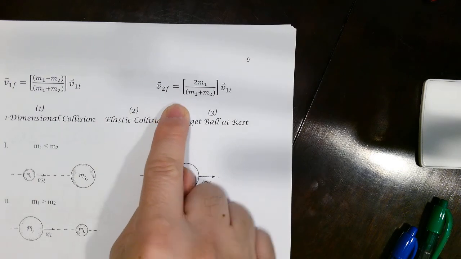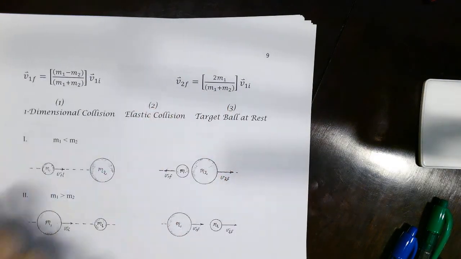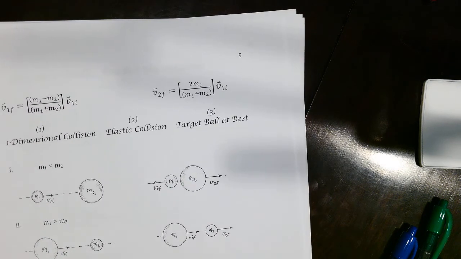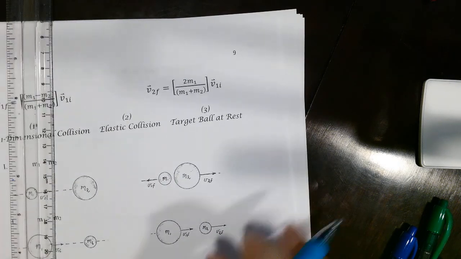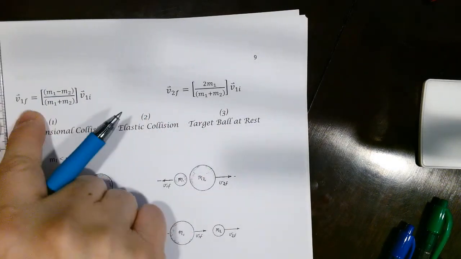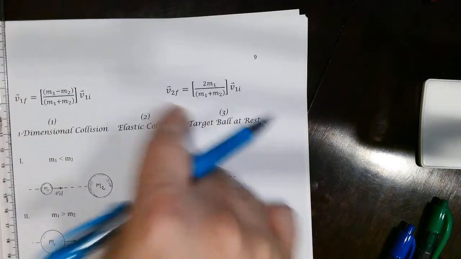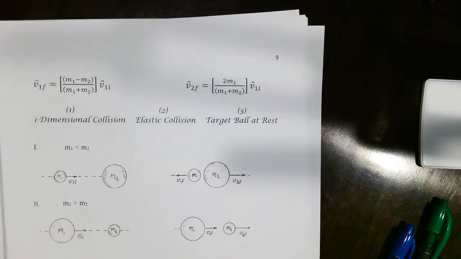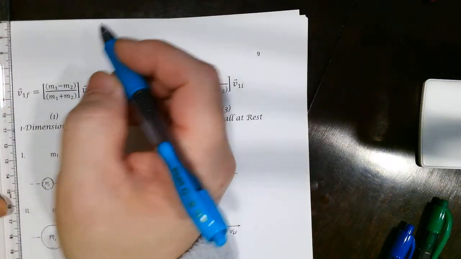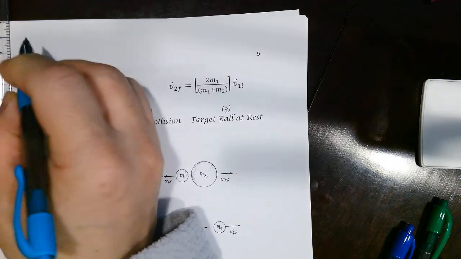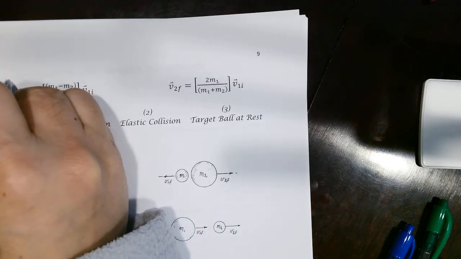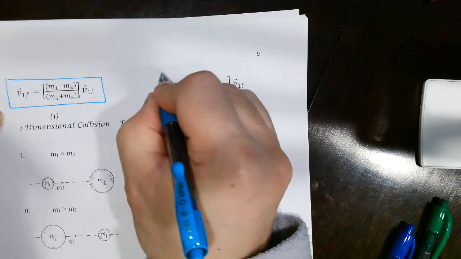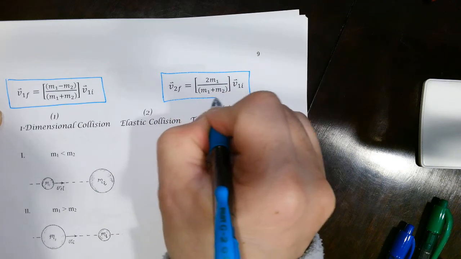Again, I'm not going to waste time and derive this again, but you could derive this on your own. So these two equations you should be able to use. It's the same concept as how we derived this, but instead of V1 final, we just solve for V2 final instead. Make sure you see that this is something that we can use now without deriving it.